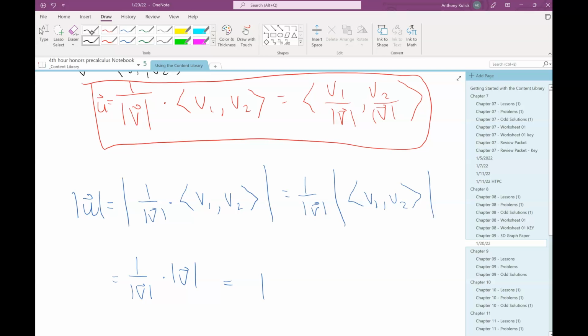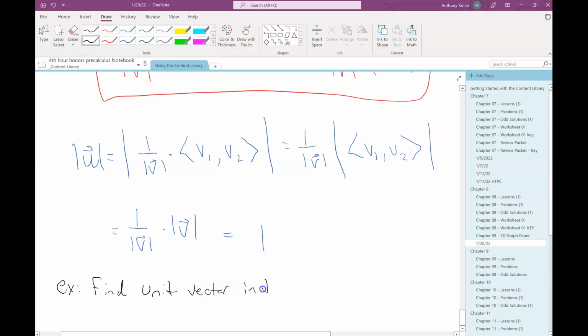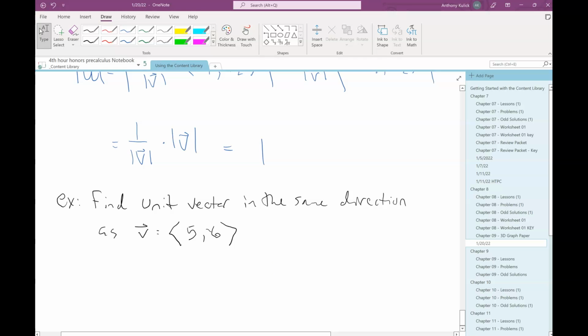What do you guys think? Okay there? Should we do a numeric example? Suppose we want a unit vector in the same direction as the vector v equals 5, -6.